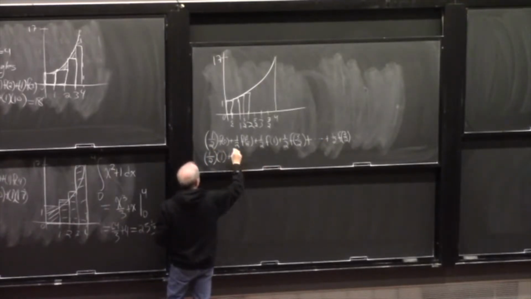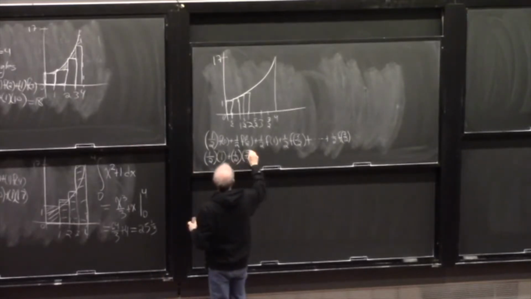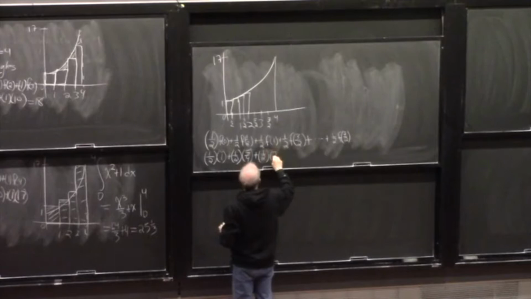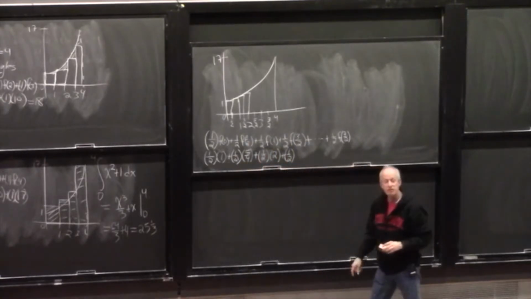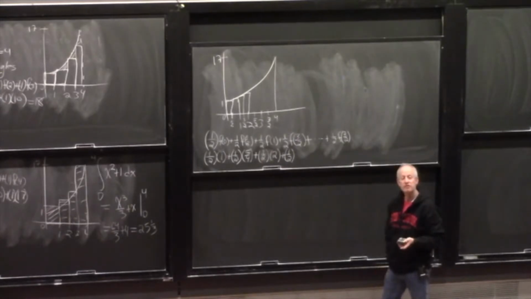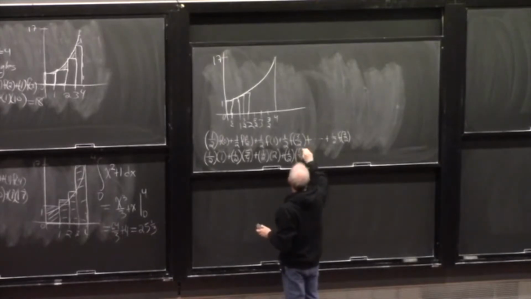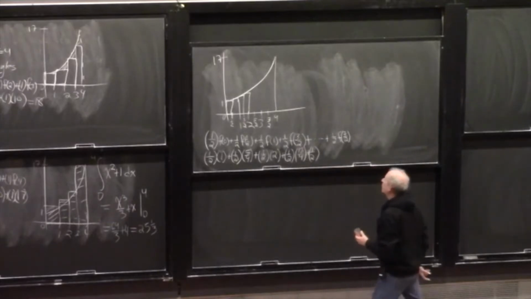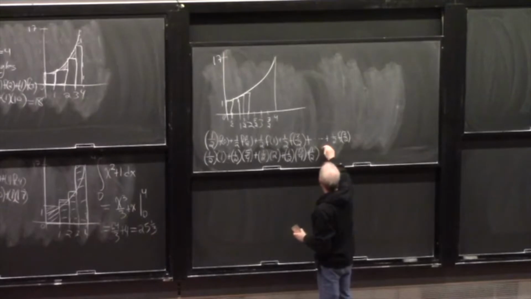So f of 0 is 1. F of a half is a half squared, a quarter, plus 1 is 5/4. F of 1 is 1 plus 1 is 2. F of 3 halves squared is 9/4, plus 1 is 13/4. Then when we plug in f of 2, 2 squared is 4 plus 1 is 5.